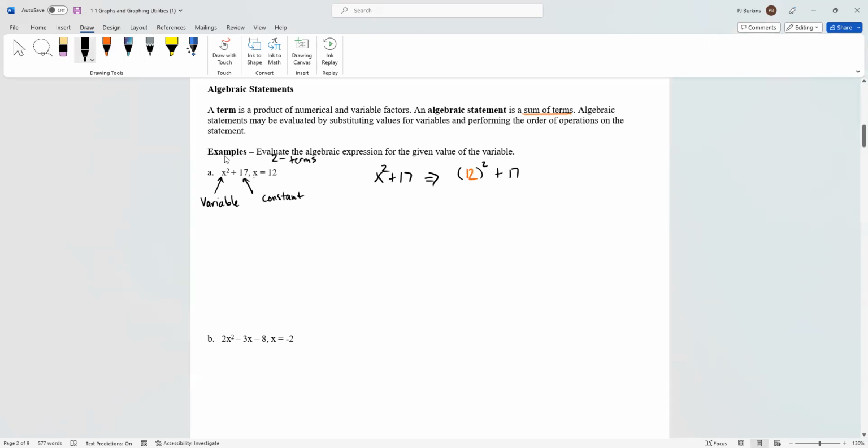And then we're going to go ahead and use our order of operations, which is PEMDAS, which you might remember. Remember, this stands for parentheses, exponentials, multiplication, division, which can be done in any order because they're on the same level. In fact, division is just a type of multiplication, really.